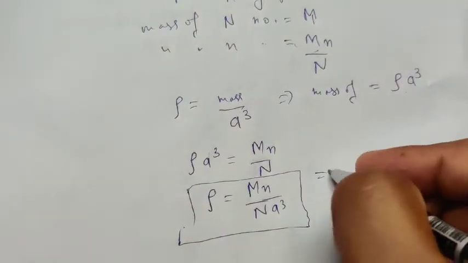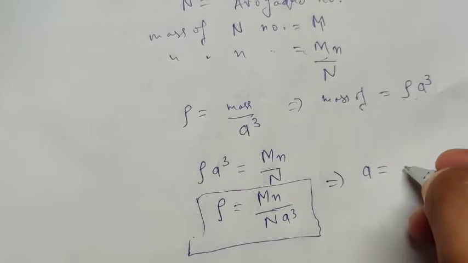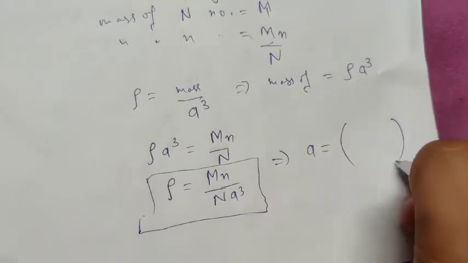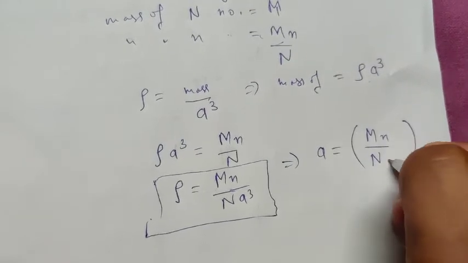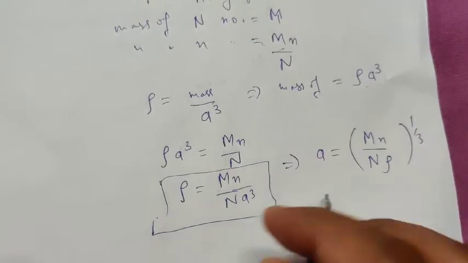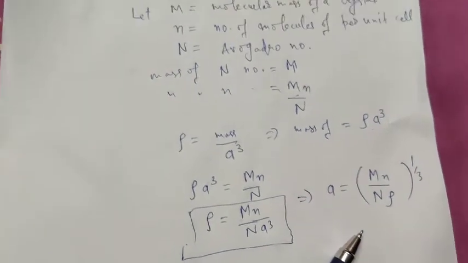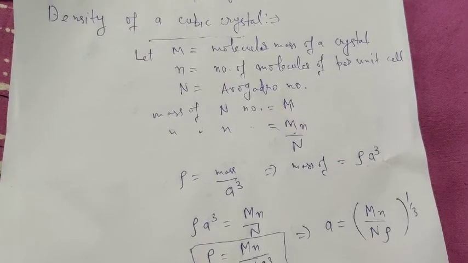So from here you can also calculate this a. This will be the cube root of M n upon N rho. So we have calculated the density of the cubic crystal.